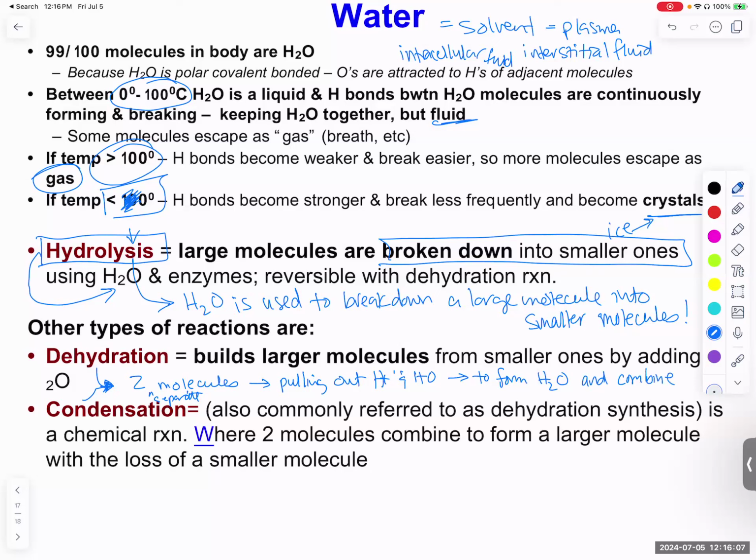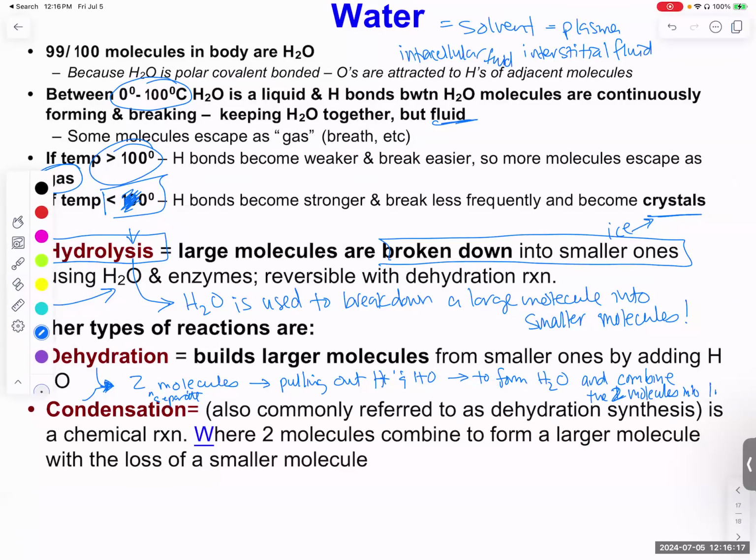In the process, you combine the two molecules into one. So condensation, or dehydration, is where two molecules combine to form a larger molecule with the loss of a smaller molecule, which is water.